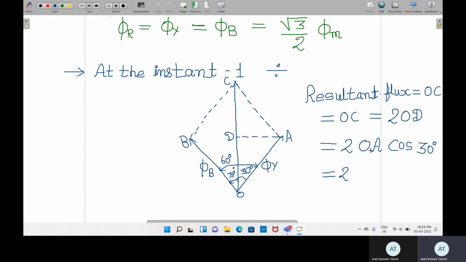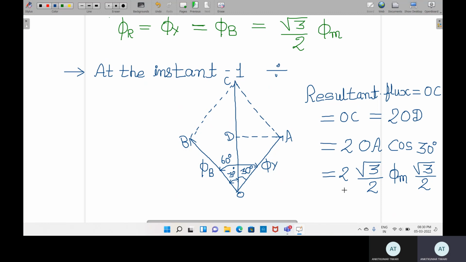So the OA value is root 3 by 2 into phi m, cos 30. The value of cos 30 is root 3 by 2.